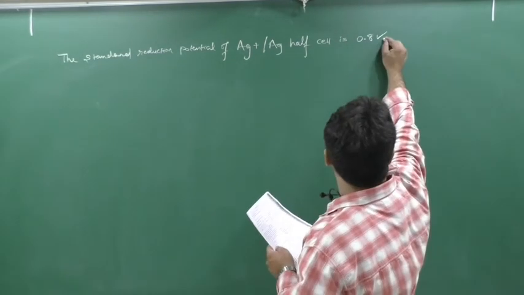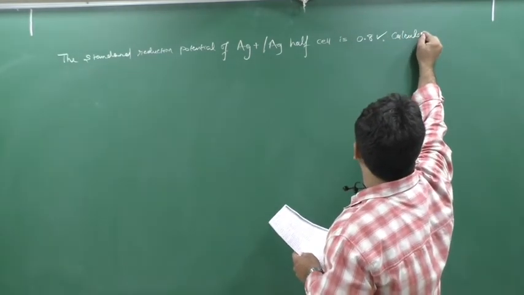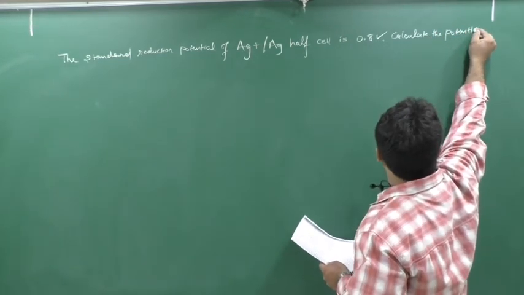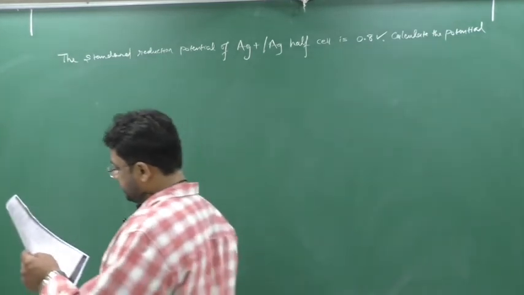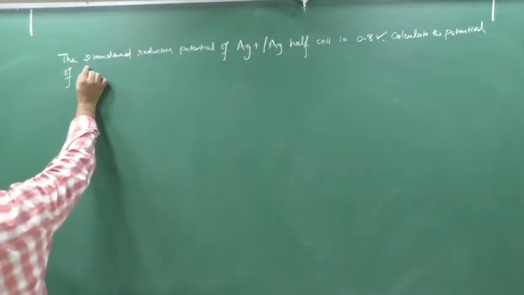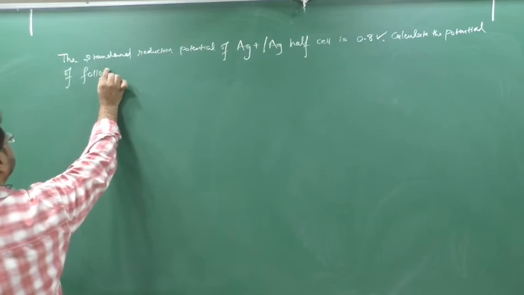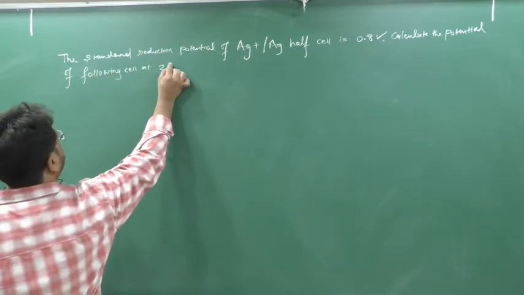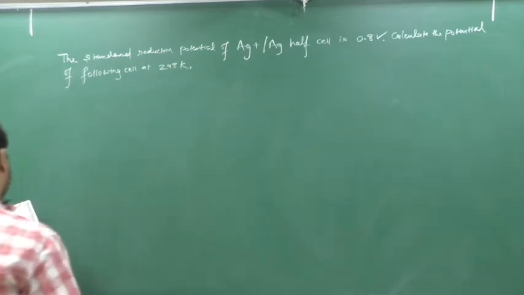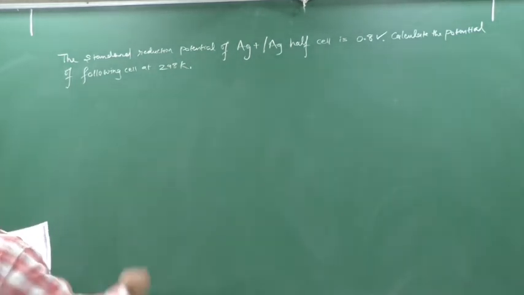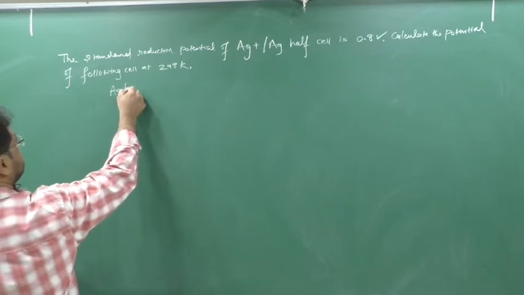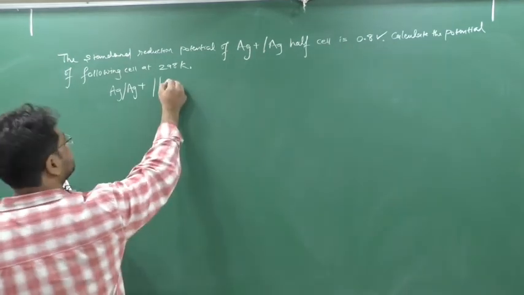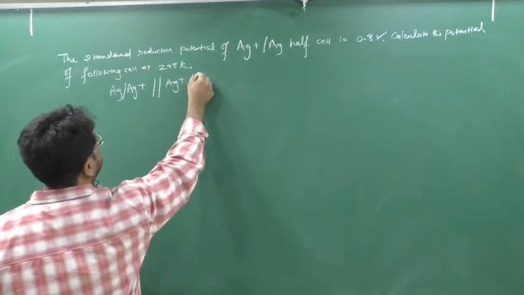Calculate the potential of the following cell at 298 Kelvin. Clear? Ag | Ag+ || salt bridge || Ag+ | Ag.